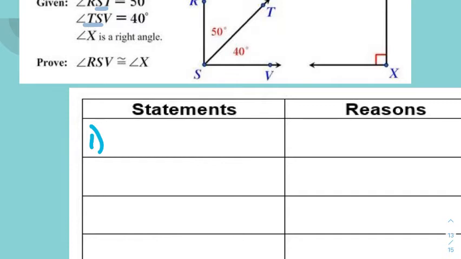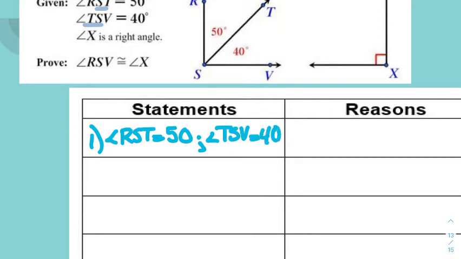How about that? All right, so angle RST equals 50, and we have angle TSV equals 40. I think I'm going to bring up the angle X here in a little bit. All right, so that's given. So there's an example of how you can combine some of the statements into one, which means we probably won't use all of the table that's provided for us.